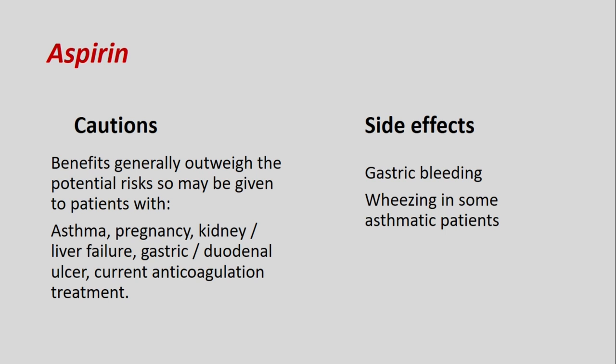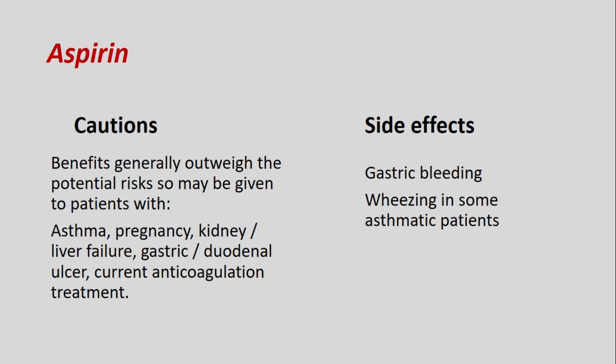As the benefits largely outweigh the risks of withholding aspirin, aspirin can be cautiously administered to those patients with asthma, who are pregnant, who suffer from kidney or liver failure, have gastric or duodenal ulcers, and those who are already on anticoagulant treatment. In suspected myocardial infarction, 300 mg should be given regardless of any aspirin taken that day.